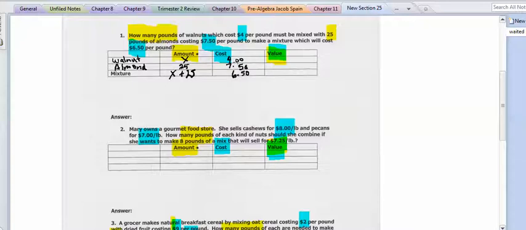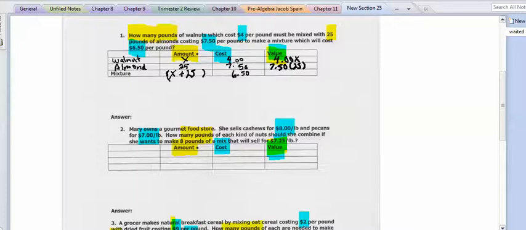Okay, and now we're going to fill in this value column, and it's going to be $4 times x, and then we're going to have $7.50 times 25. And then we've got our quantity over here.